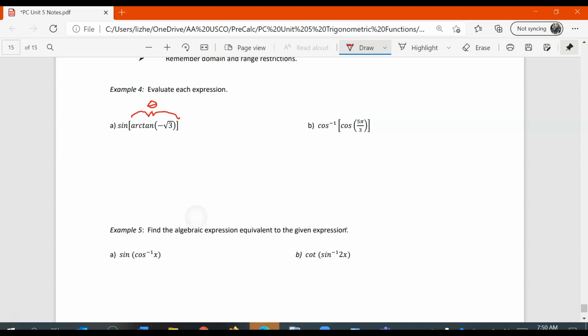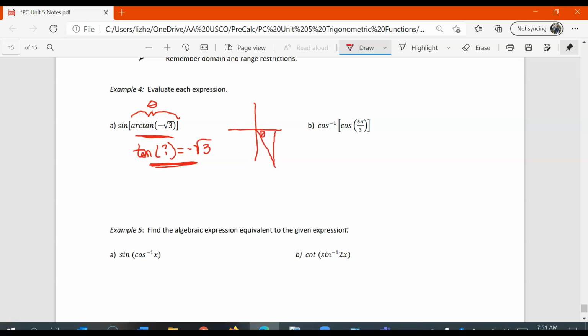But the first thing we have to answer is right here. The tangent of what angle is negative radical 3? You stick that on your graph, and we are simply answering this question right now.